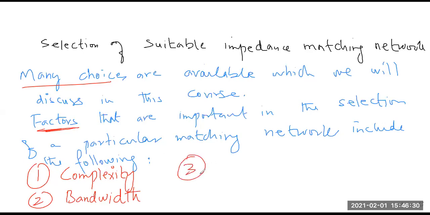The third factor that you take into account is implementation. What is the meaning of implementation? Whenever you design some impedance matching circuit, you are going to find out whether it is easy to implement that design or not.